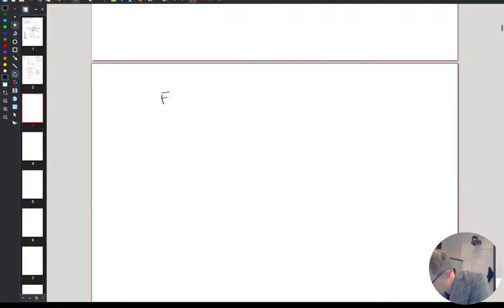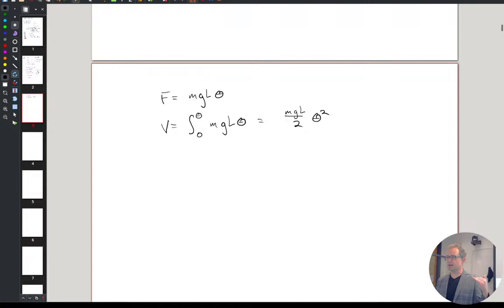So F equals... if you actually want to figure out what the linear potential energy is, it's the integral of that.